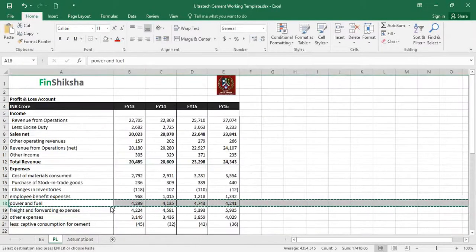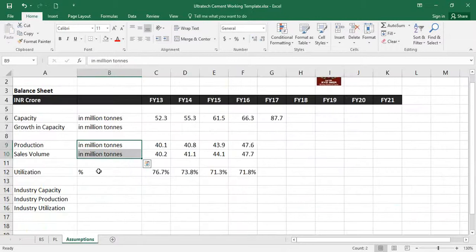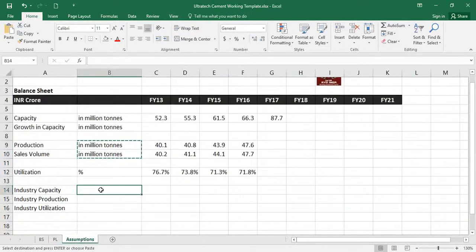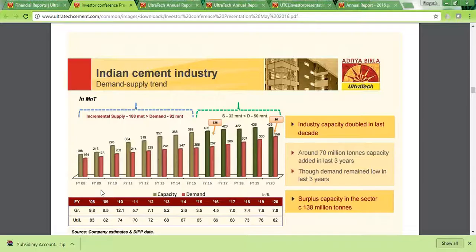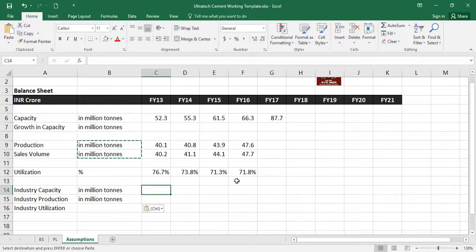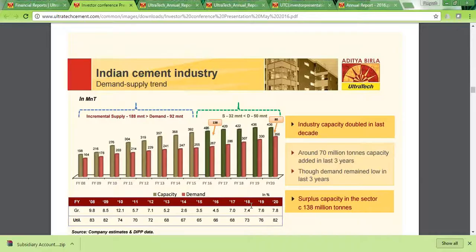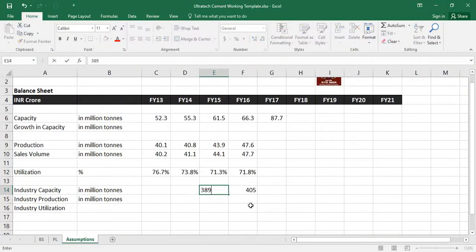I'm going to put in the million tons data here, so Control C and put that here. What's the capacity in the last 4 years? Let's put in those numbers. FY16 is 405. That's the capacity. What's the one before that? 392, 368, 357.